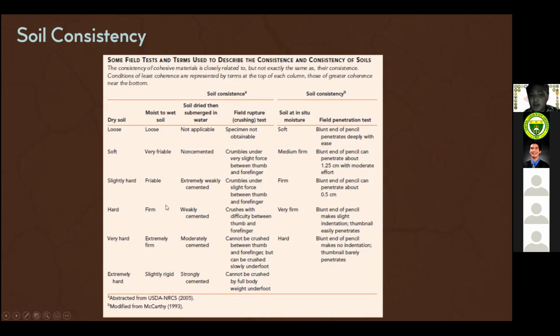So that is friability. Then when we are in the field, we measure the field penetration test using a pencil. So we have very firm, hard, firm, medium firm, and soft soil. So that's how we measure soil consistency.